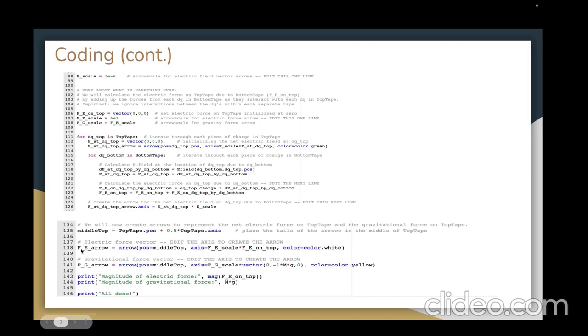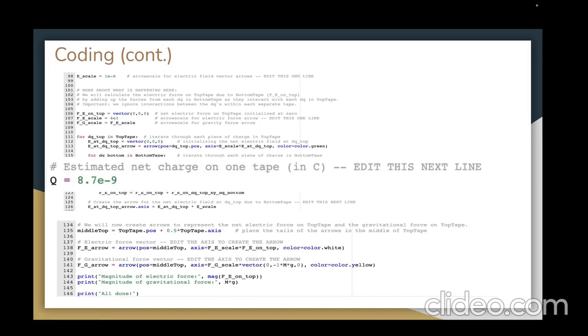Additionally, we graph the net electric field on the top tape due to the bottom tape, and we graph the force of gravity on the top tape. And you can see from this computational model, we calculate that the net charge on one tape is 8.7 times 10 to the negative 9th.